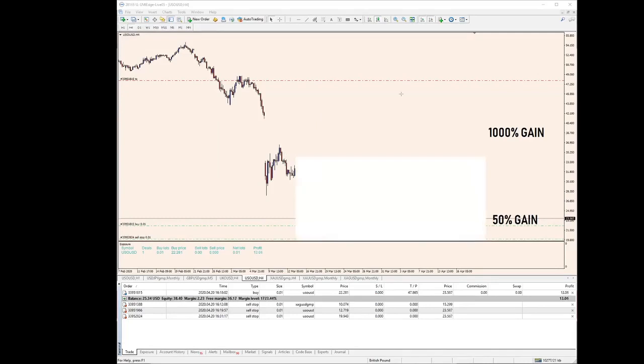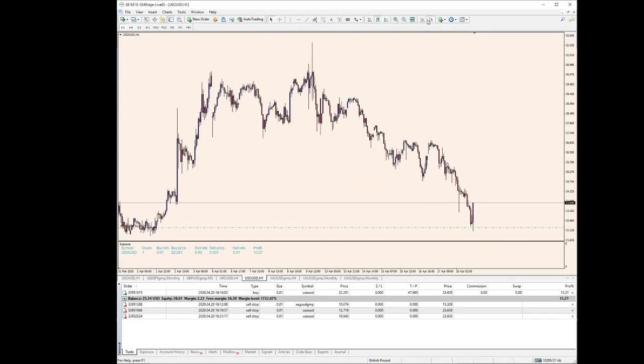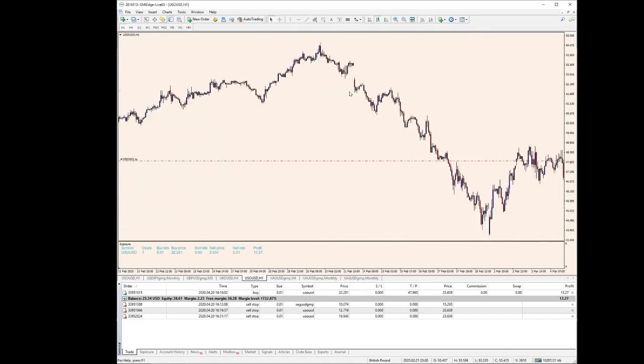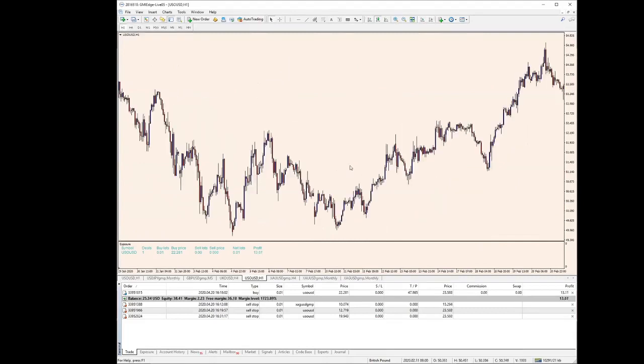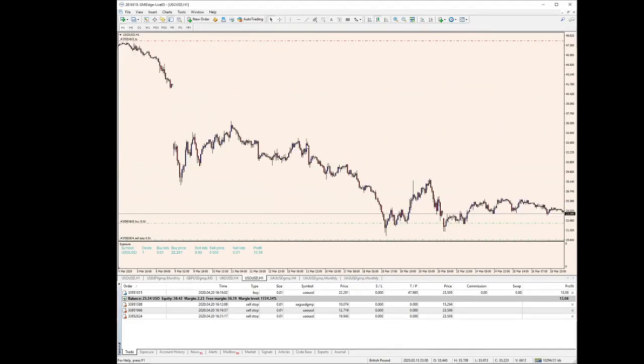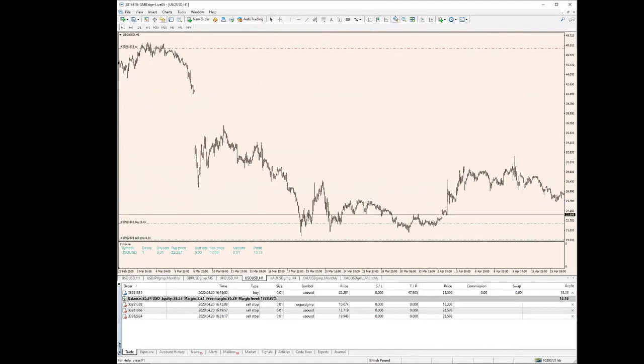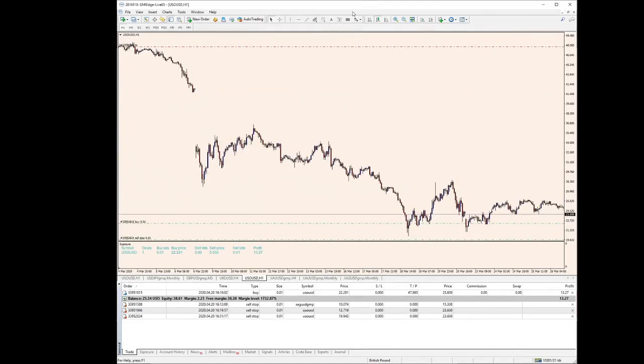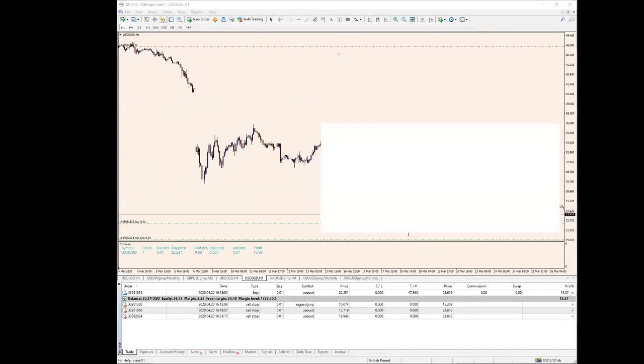Based on this, does it look like the market is going up or going down?